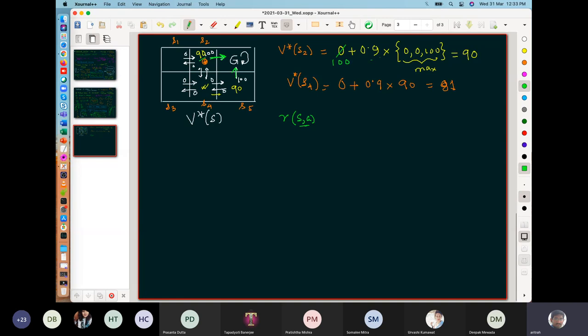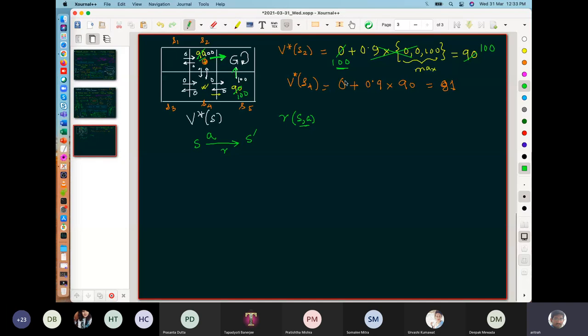I take an action, I get a reward, and I reach a state S dash. So in this state, if I take this action, my immediate reward is 100, and the other actions' immediate reward is 0. Therefore the maximum is this side, with immediate reward 100. So I made a mistake; all of these should be 100. This one will be 90.